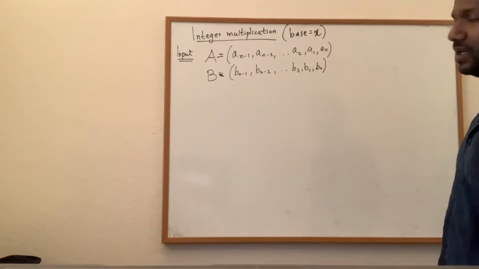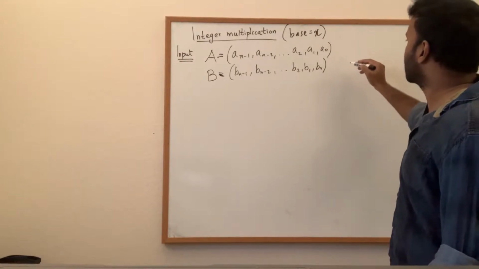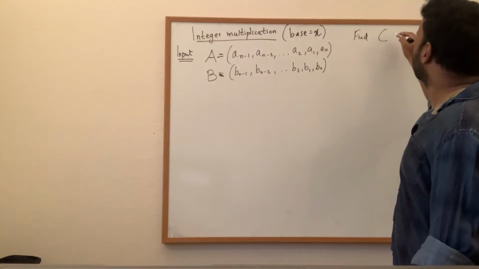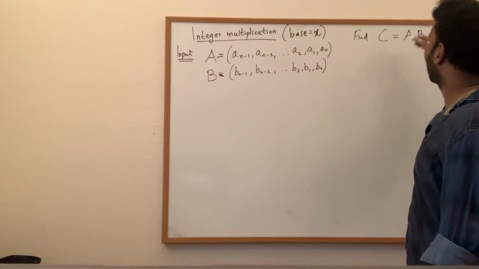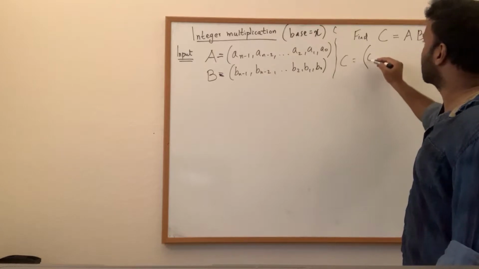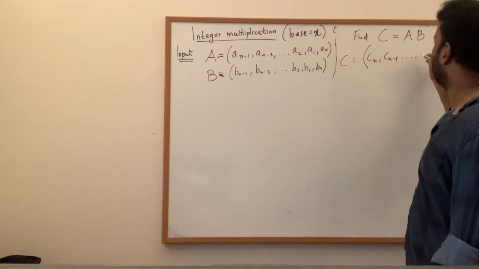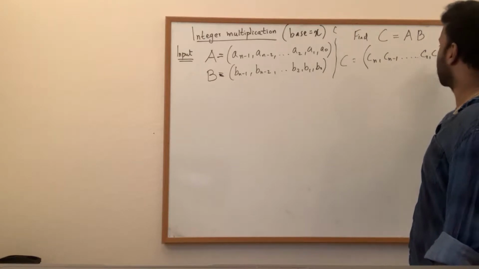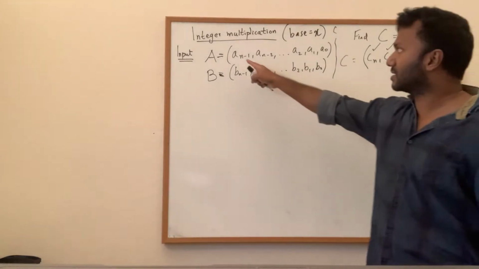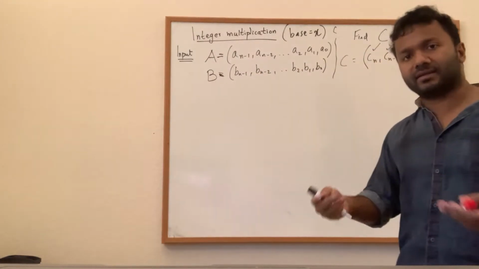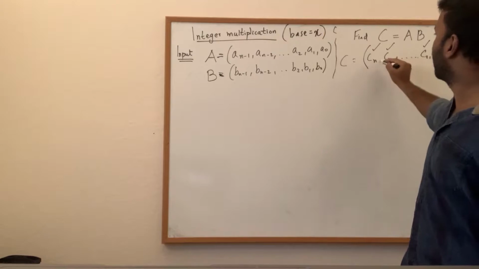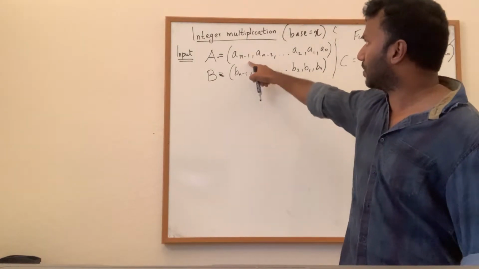Our task is to find the output C, which is the product of A and B, more specifically the coefficients c n, c n minus 1, dot dot dot, c2, c1, c0. Note that these are n-digit numbers, so the product can be either an n-digit number or an n plus 1 digit number.